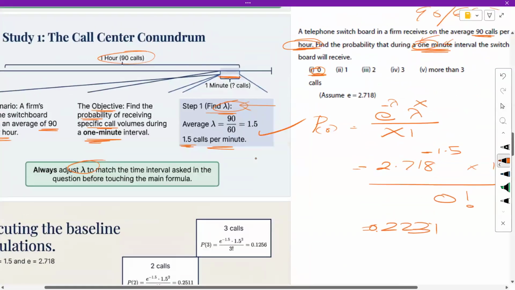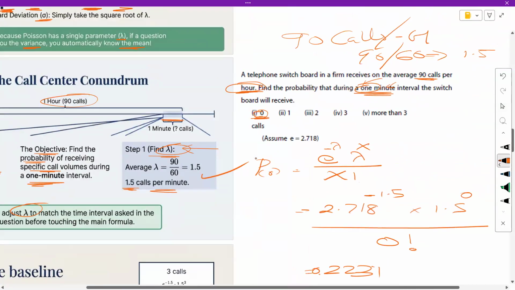And the probability of getting one call: we change the formula a little. Here the x value is 1, and we apply 1 factorial.